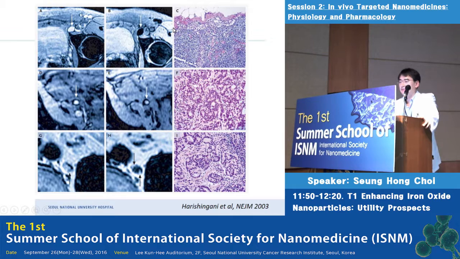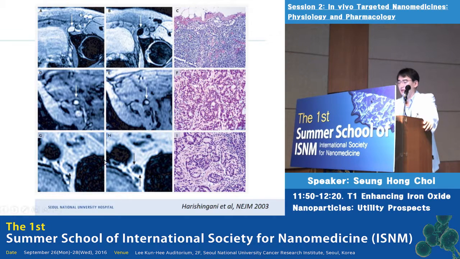After injection of USPIO, you can see the signal intensity change from white to dark. It is mainly because USPIO is taken up by macrophages in the lymph node, and this lymph node was confirmed normal. But this lymph node remains high signal intensity even after USPIO injection, and this lymph node was confirmed as the metastatic lymph node.